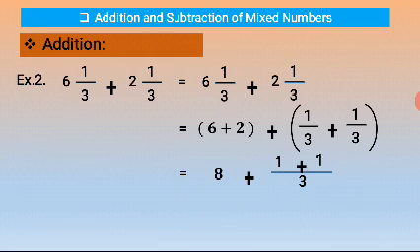Means here 8 plus 1 plus 1 upon 3. Next step, we take the sum of fractions, that is 8 plus 2 upon 3. Observe that example clearly. 8 plus 2 upon 3.